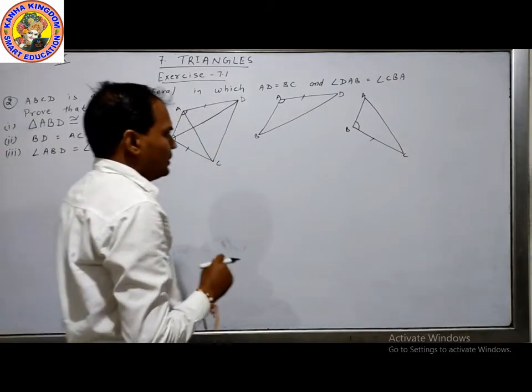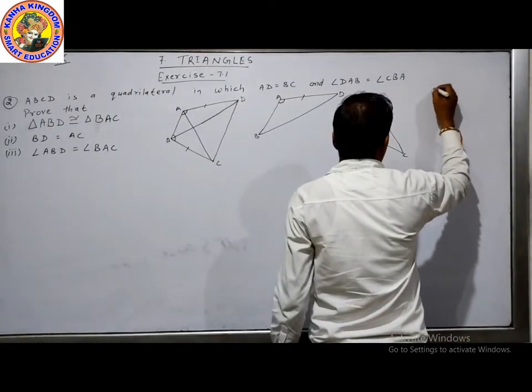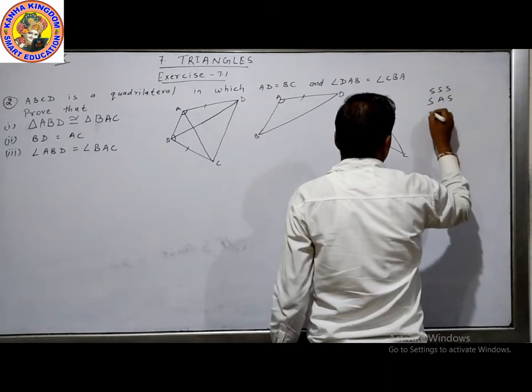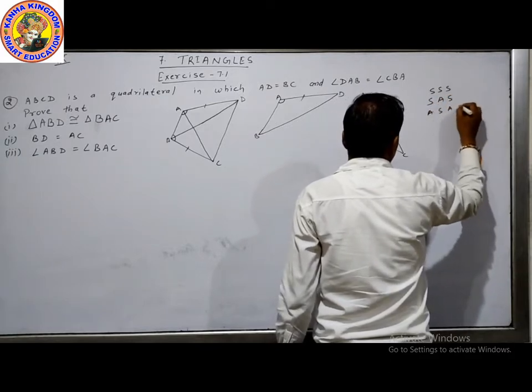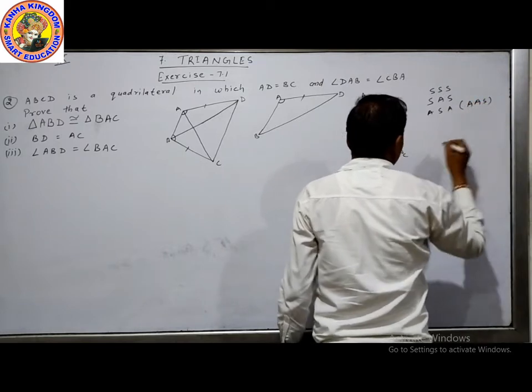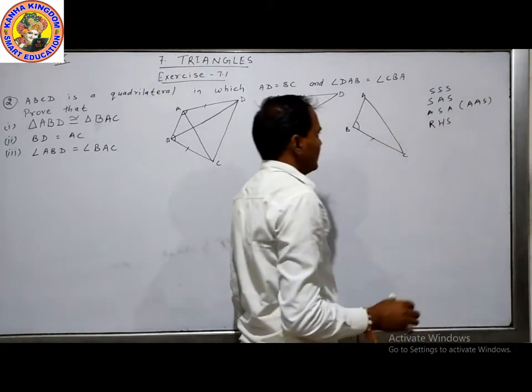So in proving congruence of triangles, we have the rules SSS, SAS, ASA, AAS and RHS.